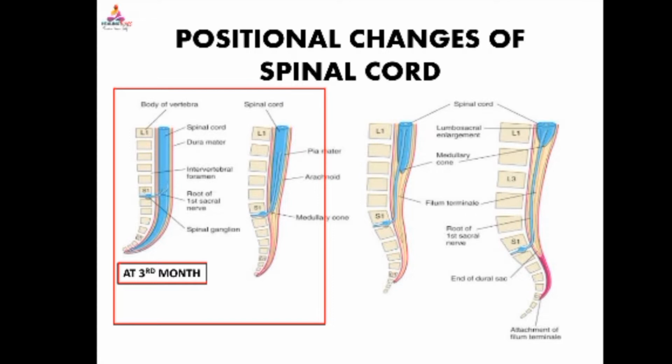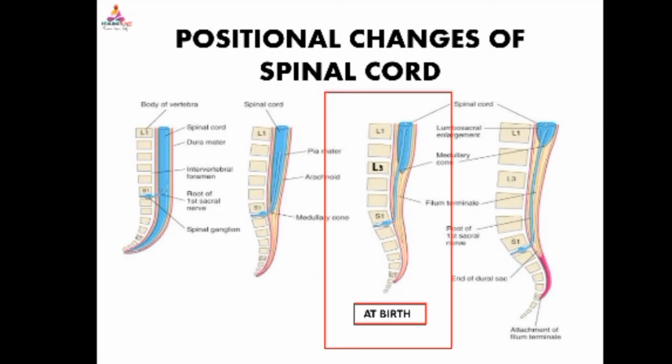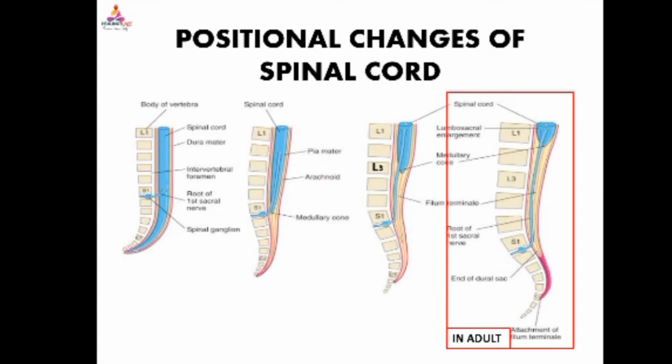Thereafter, the vertebral column grows faster than the spinal cord and the terminal end of the spinal cord gradually shifts to a higher level. Consequently, at birth, the spinal cord ends at the level of L3 vertebra, whereas in adults, it terminates at the level of lower border of L1 or intervertebral disc between L1 and L2.